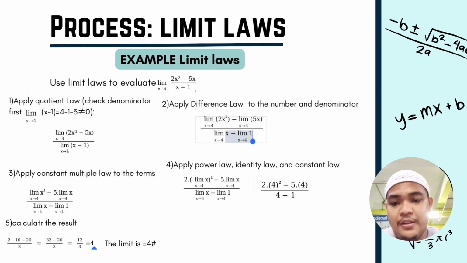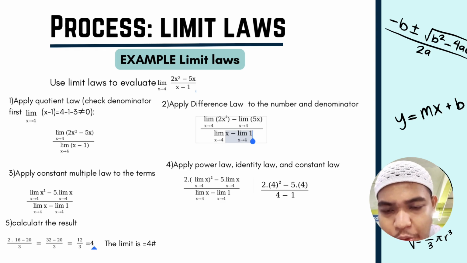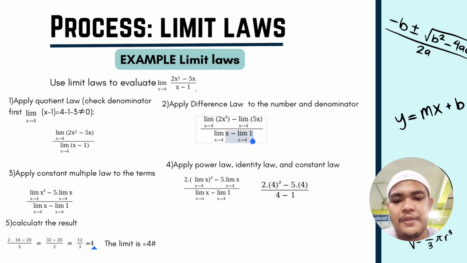Step 3, apply the constant multiple law to the terms, like 2 times limit x approaches 4 of x squared minus 5 times limit x approaches 4 of x over limit x approaches 4 of x minus limit x approaches 4 of 1.